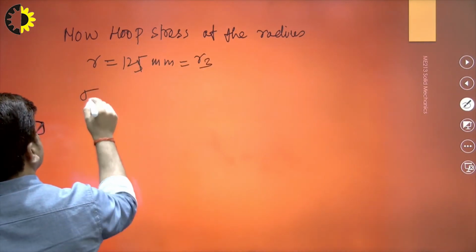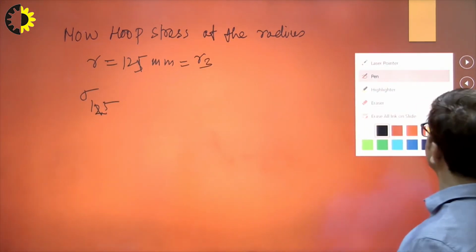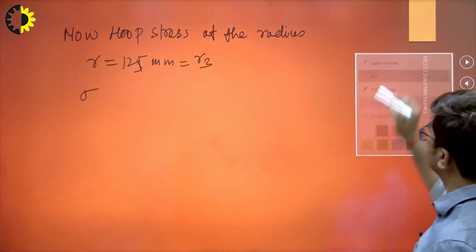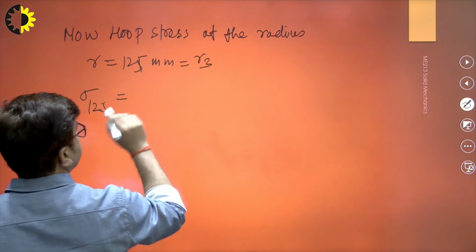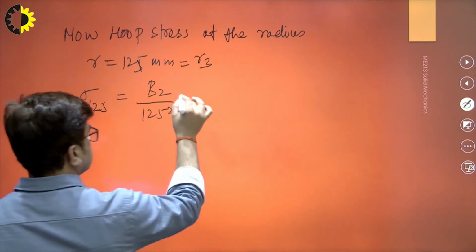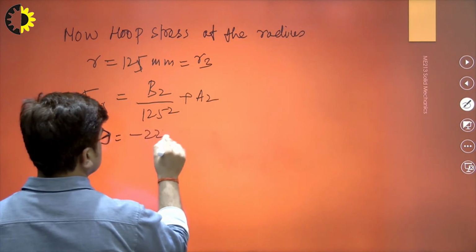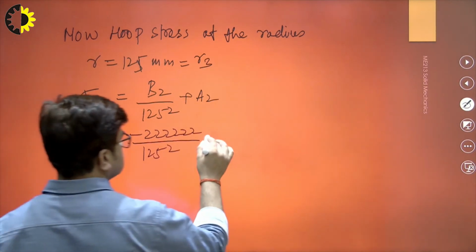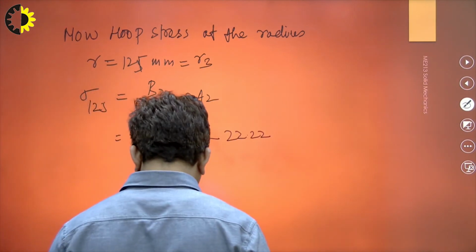So sigma at 125 equals B2 by 125 square plus A2. Okay, so putting the value of B2 as minus 222222 by 125 square and minus 22.22, the value of A2.